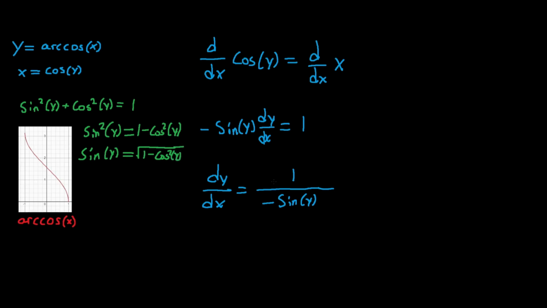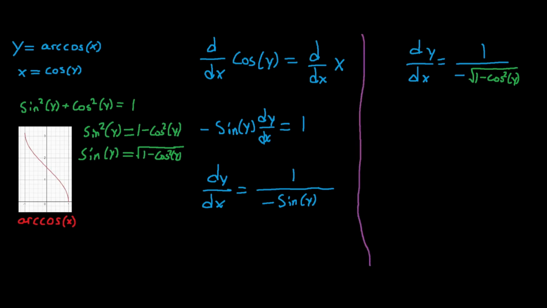Okay, and then I can just input this where the sine of y is, and that will end up with dy over dx equals 1 over the negative square root of 1 minus cosine squared of y. But we aren't quite in terms of x yet. So what I'm going to do now is just refer back to our very beginning here, where just like we did last time with sine, we see x equals cosine of y.